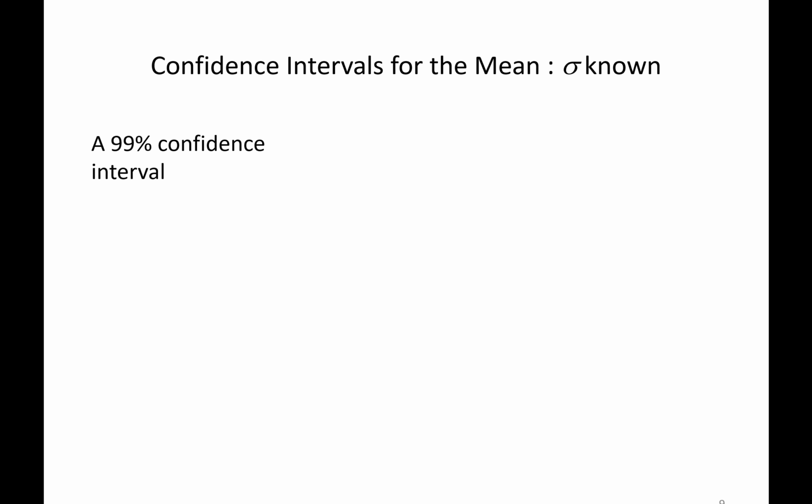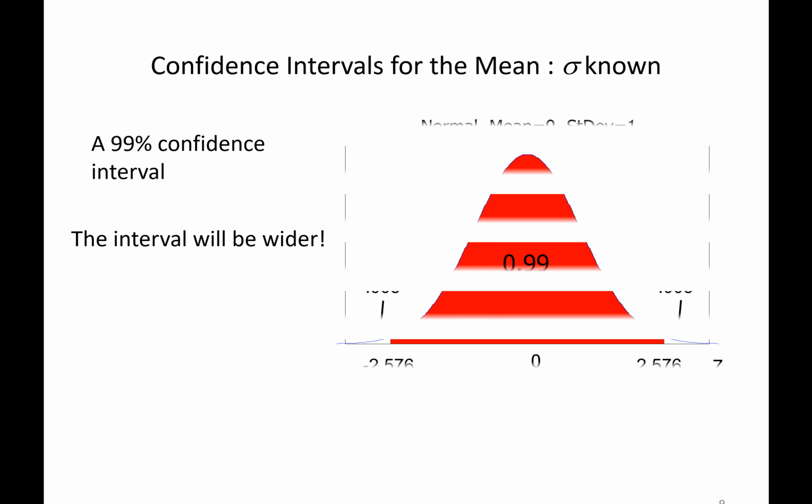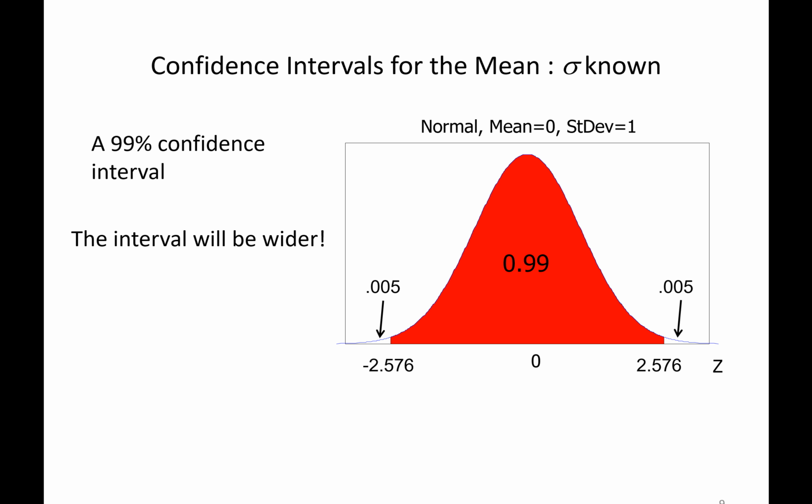Okay, what if 95% is not good enough? We can use a 99% interval. This interval will be wider. That may seem a little counterintuitive, but in fact it's true. And it's wider because the z-value that we use corresponds to having 99% of the data in the middle, so 0.5% in each of the tails, and that happens at plus or minus 2.576.